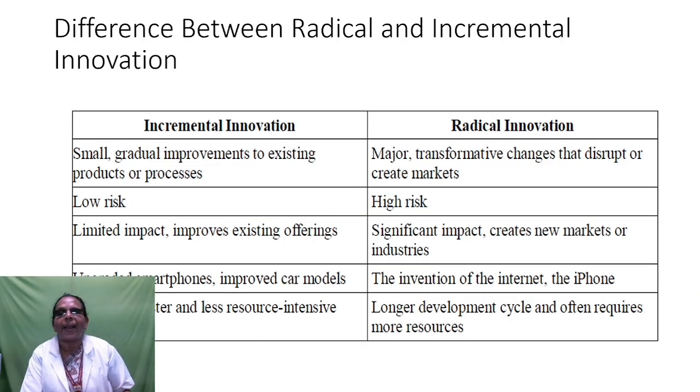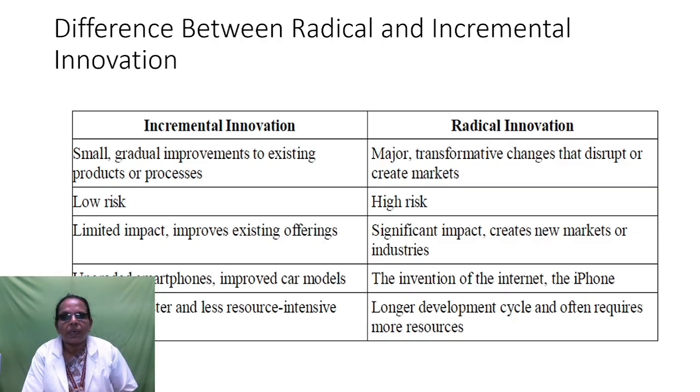Difference between radical and incremental innovation. Incremental innovation has small gradual improvements to existing products or processes. Radical innovation means major transformative changes that disrupt or create markets. Incremental innovation has low risk, radical innovation has high risk.